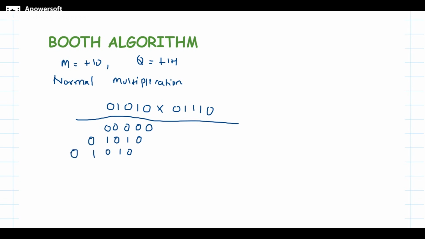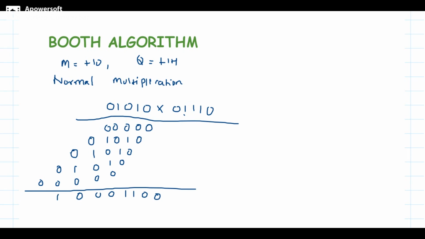Similarly, for this bit, 0 1 0 1 0. The last patterns are 0 0 0 0. So we need to add this. On addition, we'll get 0 0 1 1 0 0 0 1 0.